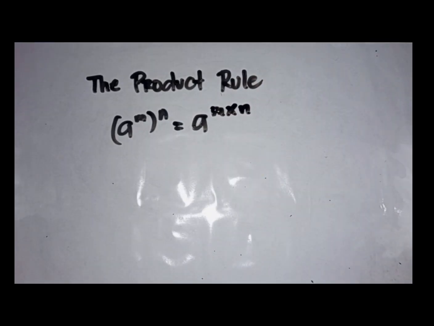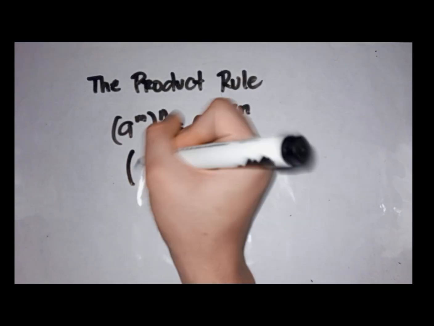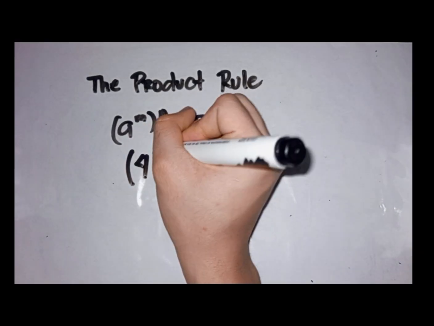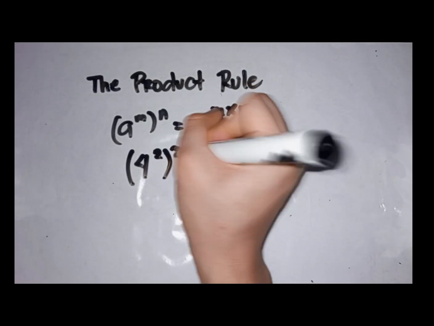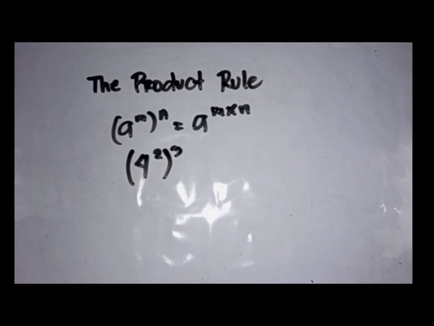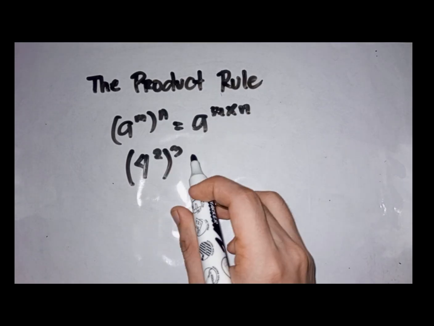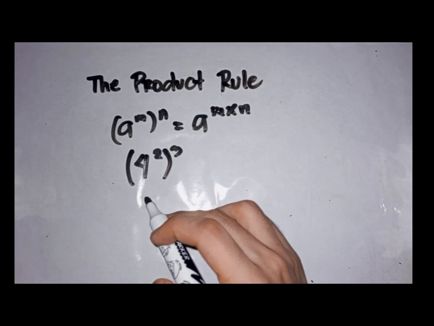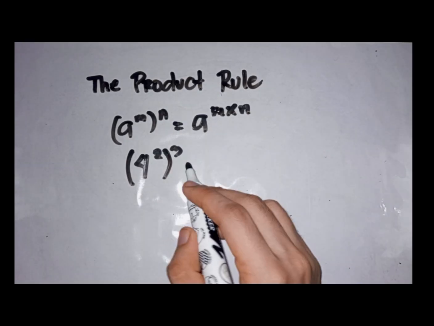Okay, now let's simplify 4 raised to 2, raised to 3. Okay, the base is 4. The exponents are 2 and 3. We multiply the exponents, 2 times 3.